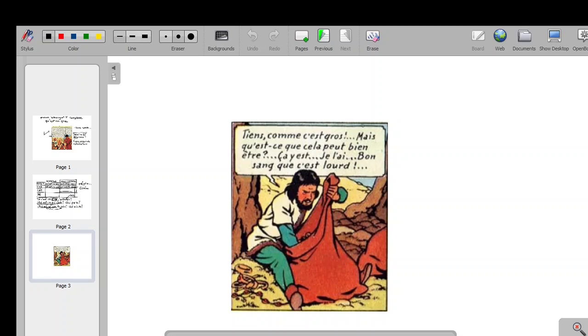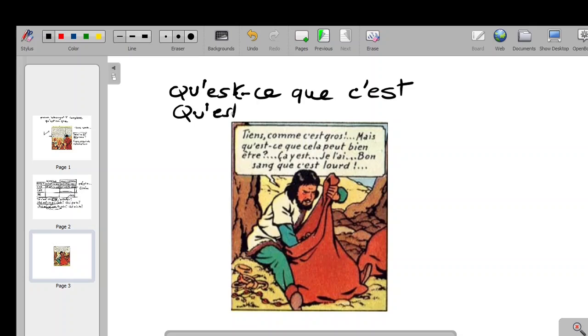So again, it's like that first one. Before it was qu'est-ce que c'est, and here it's qu'est-ce que cela peut être, which is pretty much the same in terms of function.